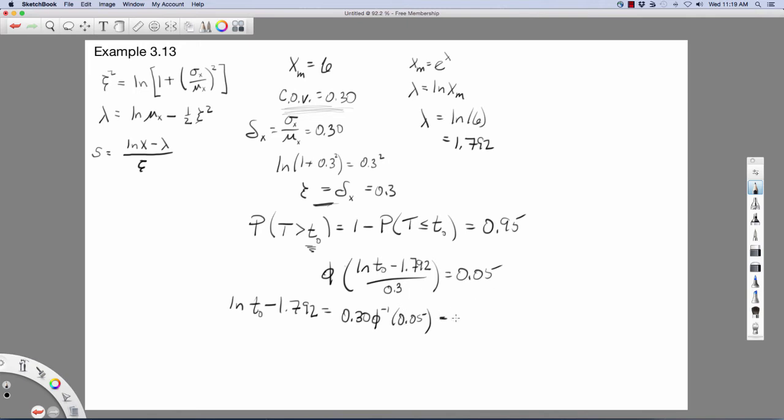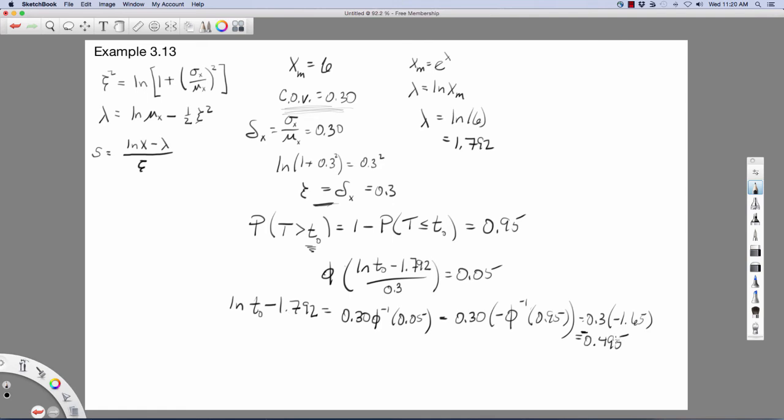So this is also equal to 0.3 times the negative CDF function of 0.95. So we end up with 0.3 times a minus 1.65 when we look this up on the tables, which is equal to a negative 0.495.